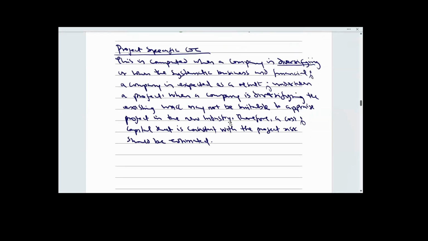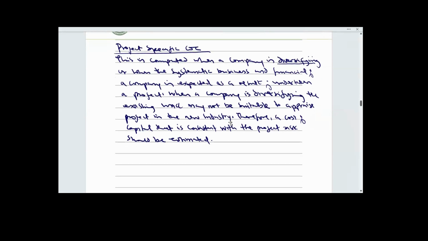So, like I said, therefore, a cost of capital that is consistent with the project's risk should be estimated. So that cost of capital is the project-specific cost of capital. So that's just the introduction.